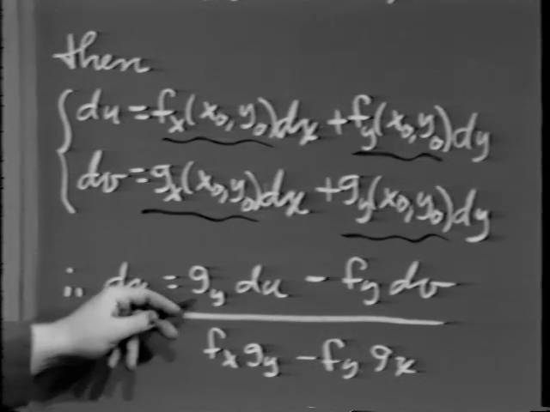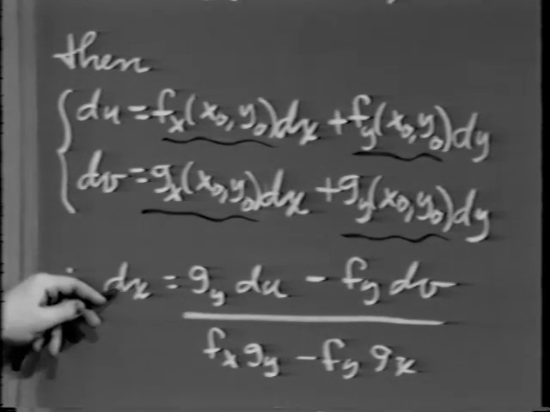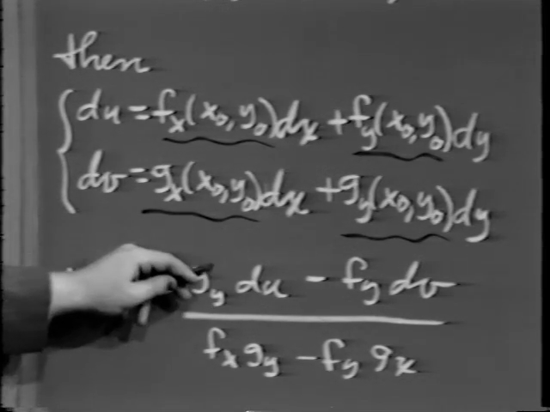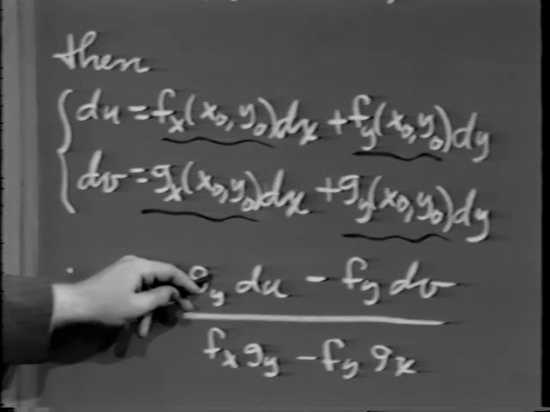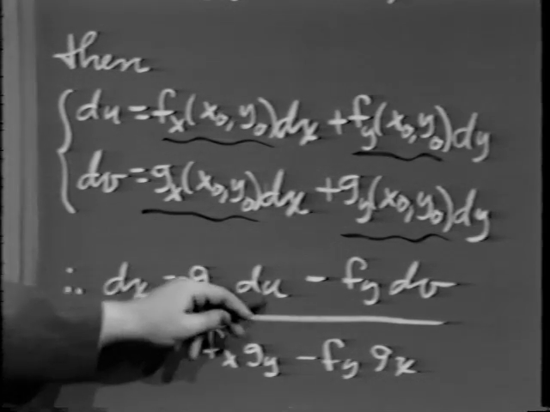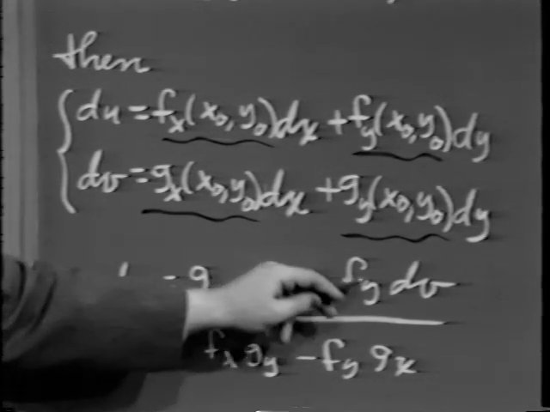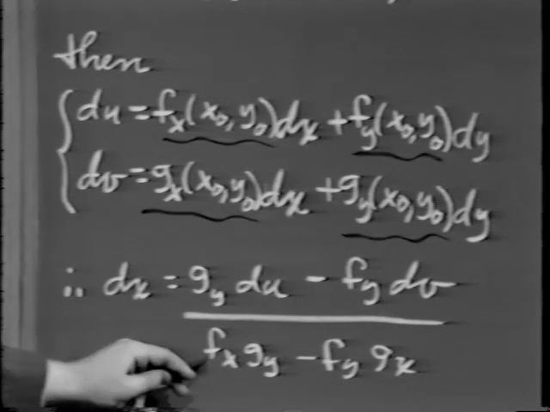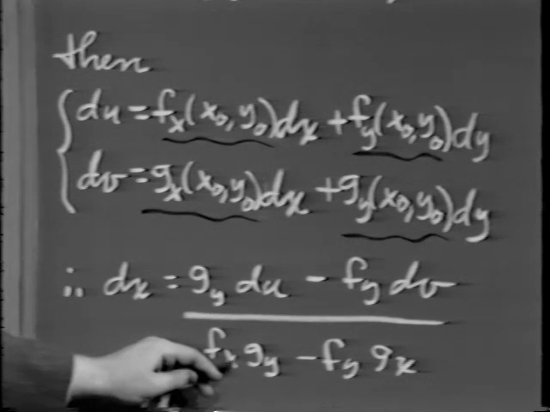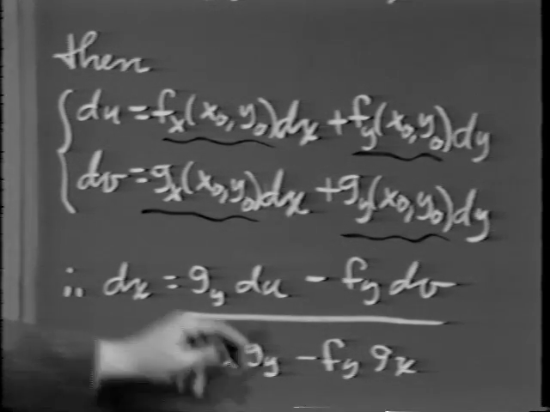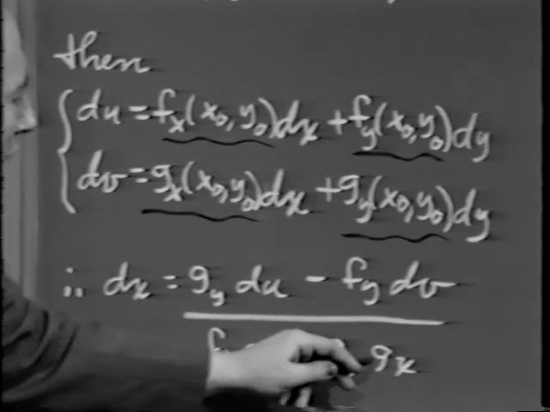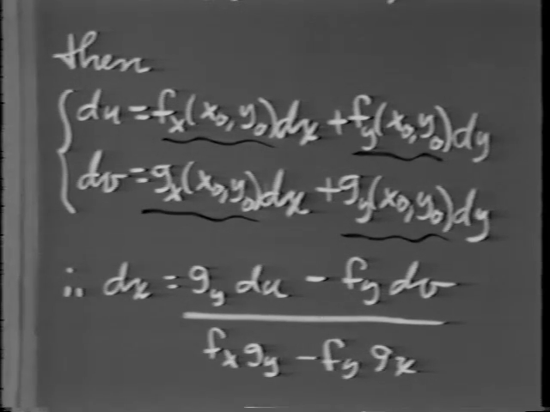Again, leaving the details for you, it turns out that dx is what? The partial of g with respect to y, and I've abbreviated this again, evaluated at x0, y0, times du, minus the partial of f with respect to y at x0, y0 times dv, over the partial of f with respect to x times the partial of g with respect to y minus the partial of f with respect to y times the partial of g with respect to x.